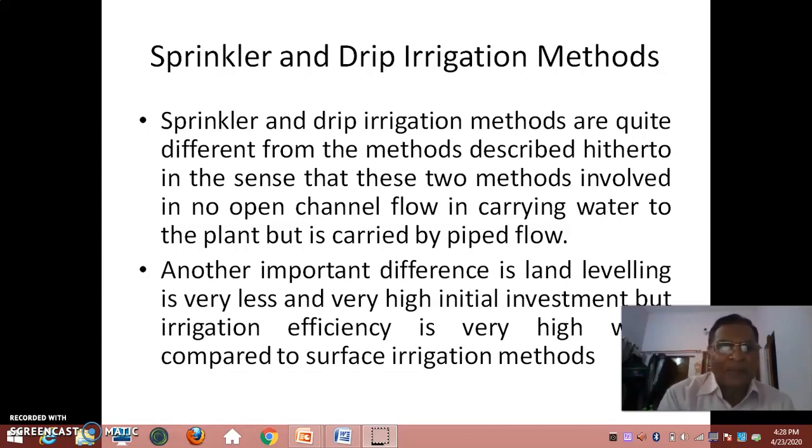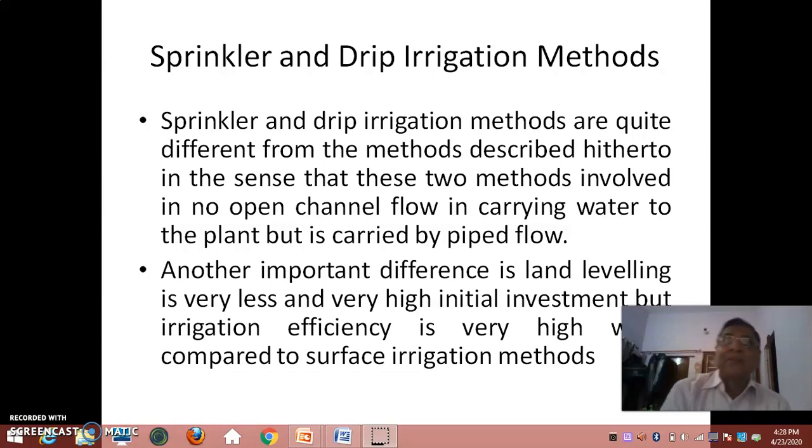Another important difference is very high initial investment. Again, it takes a lot of money to install these methods. But irrigation efficiency is very high when compared to surface irrigation methods.